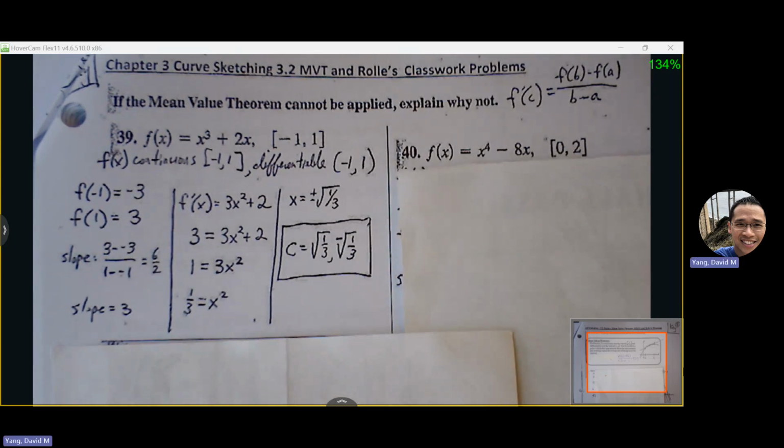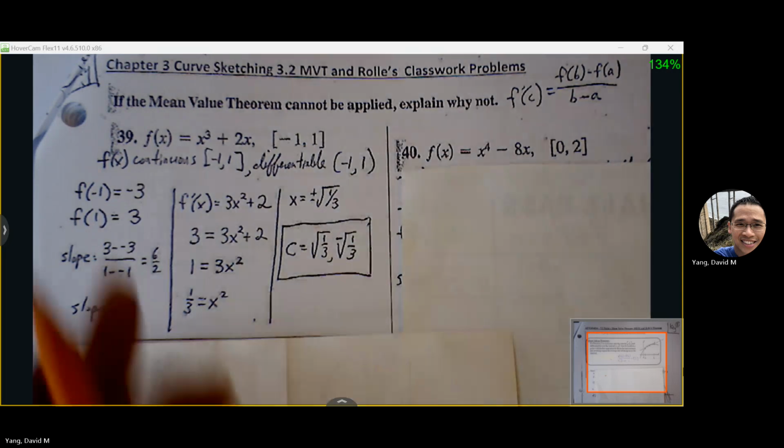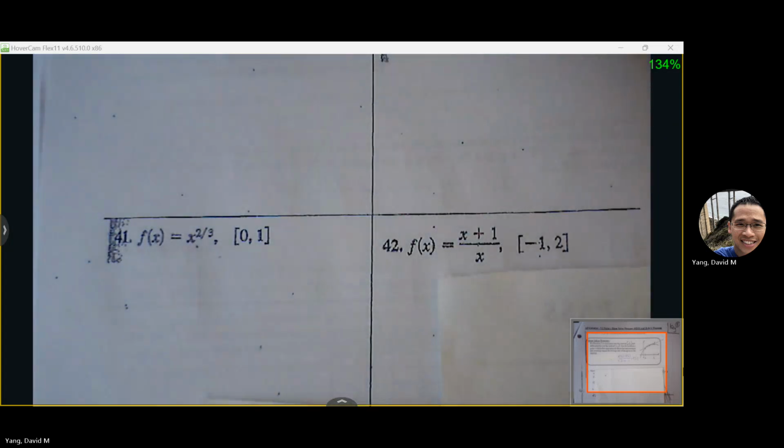Okay, try number 40 and just want to walk around to see, do the steps make sense? Find your slope between the endpoints first.